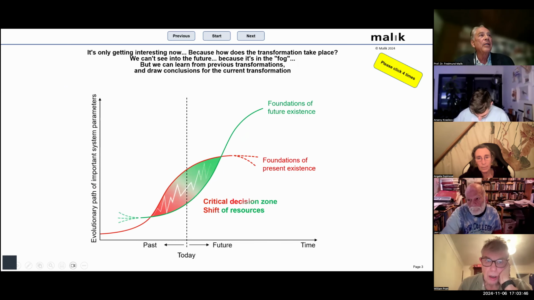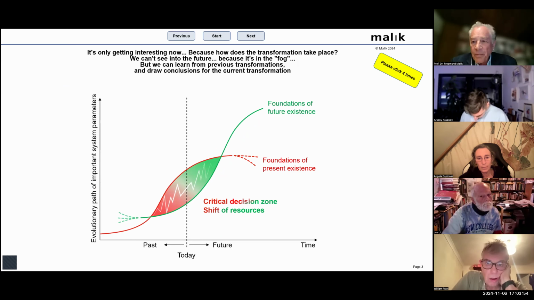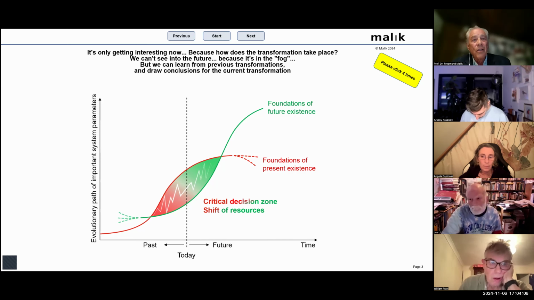And this now gets interesting, I hope so at least, because how does the transformation take place? We cannot see into the future because this is in the fog, but we can learn from previous transformations and draw conclusions for the current transformation.